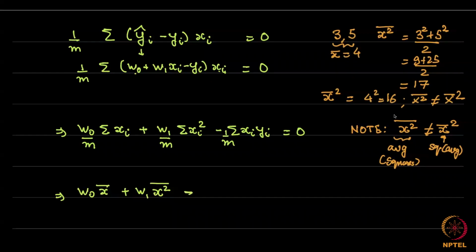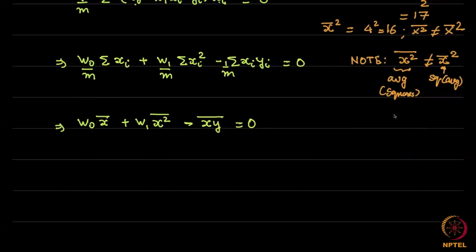Okay. So minus, you see this term here. This is average of xi yi. So this is xy bar equal to 0. Okay, so again, the same thing holds true here too. Also note that xy bar is not the same as x bar y bar. This is the average of the product, and this is the product of the averages.